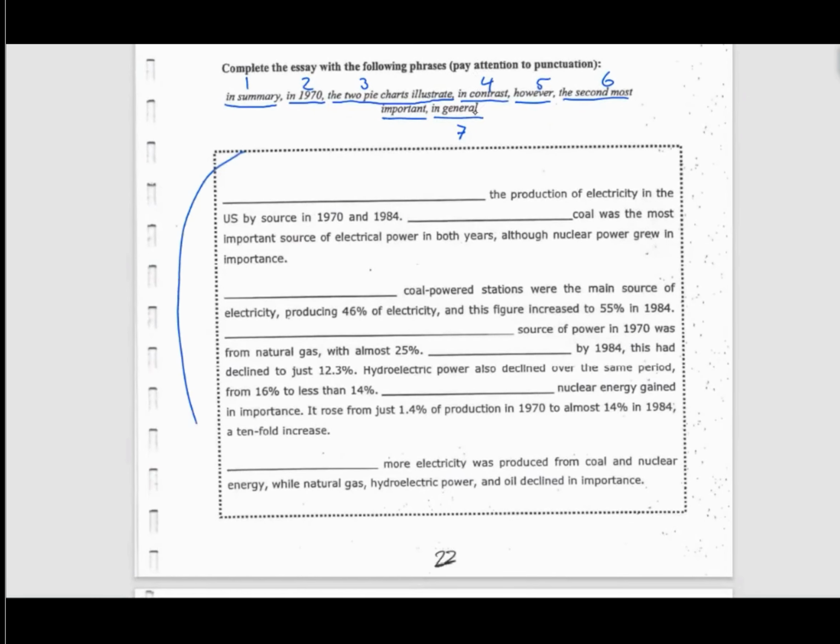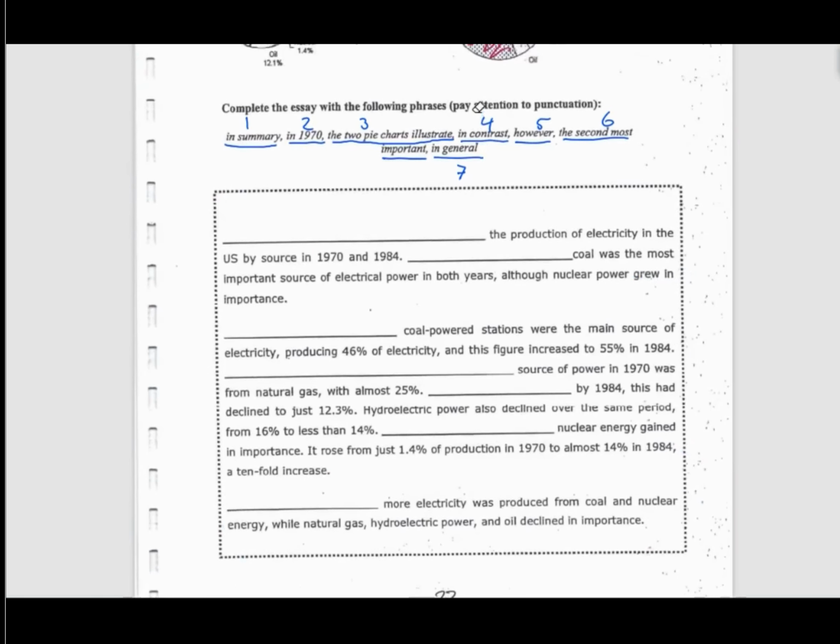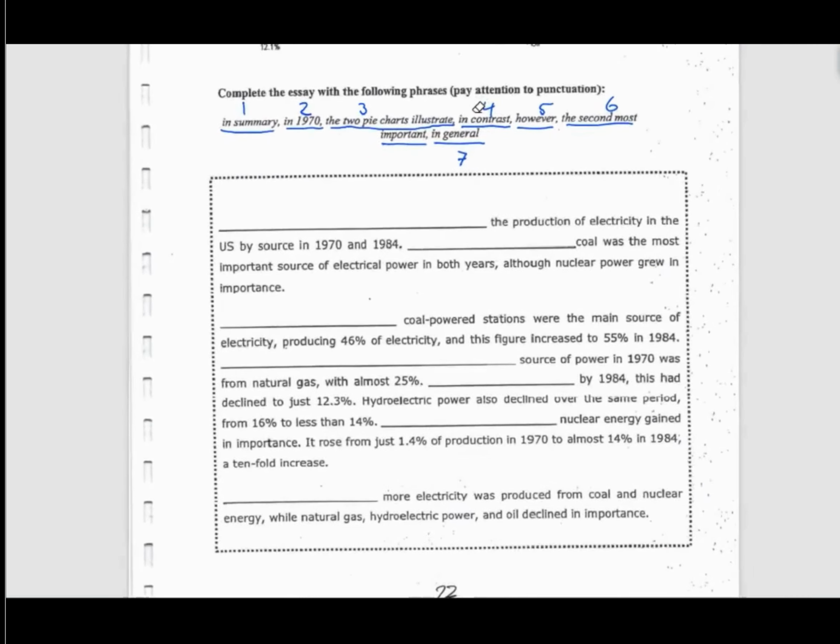Read this report that has an introduction, body, conclusion, and put the numbers of the choices. For example, number 3, number 5, number 7. Okay? That's not the right answer. I'm just giving you examples. Read it and fill in the sentences.